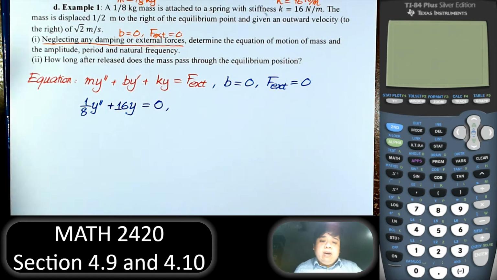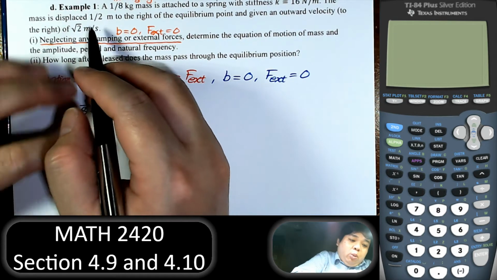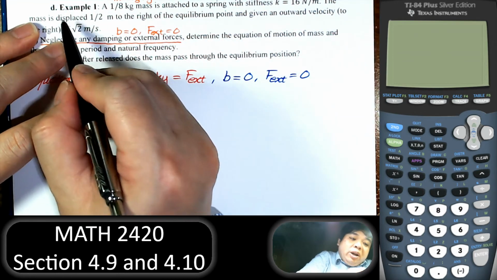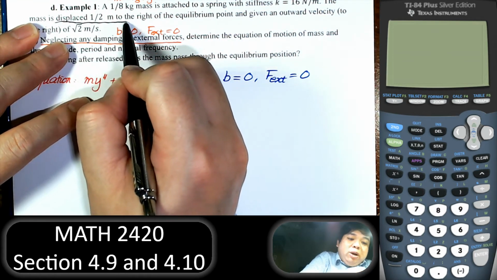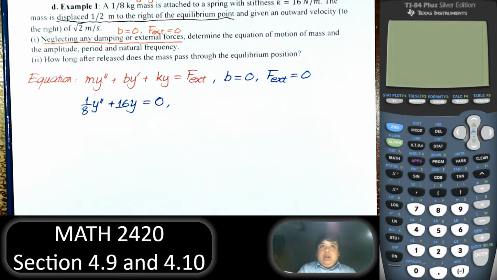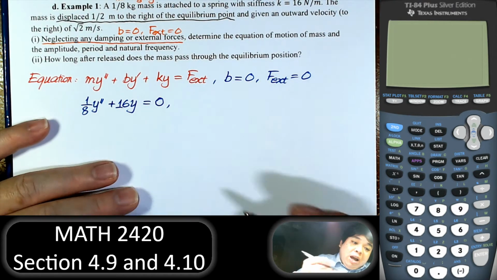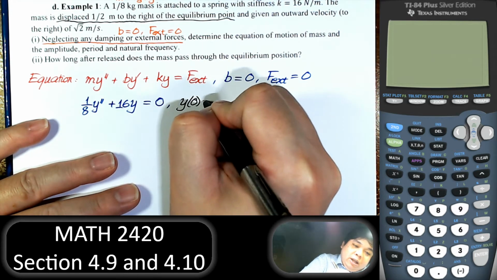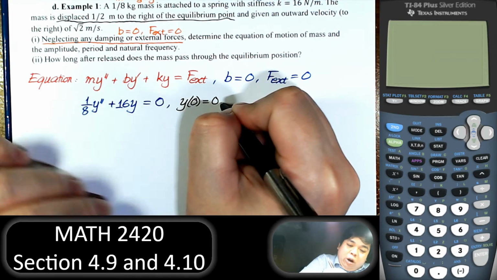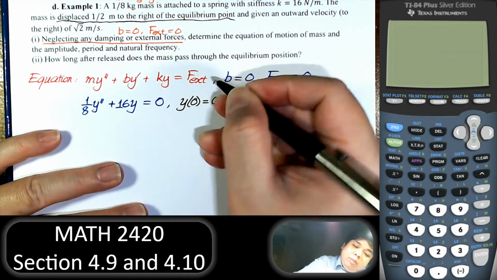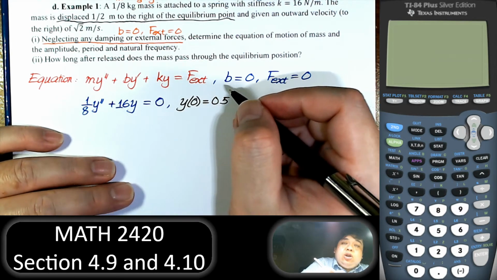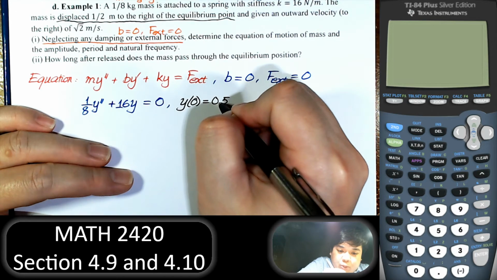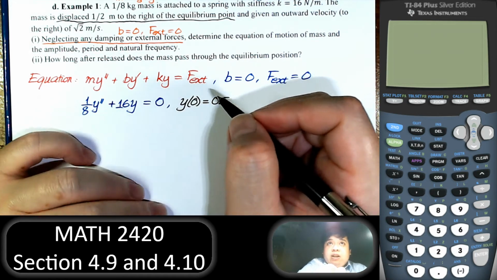What else do we have? Originally, the mass is displaced 1.2 meter to the right of the equilibrium point. So what that means is our initial position is going to be 1/2, which is 0.5 meter on the right, so it's going to be positive. If it is on the left, it is negative.